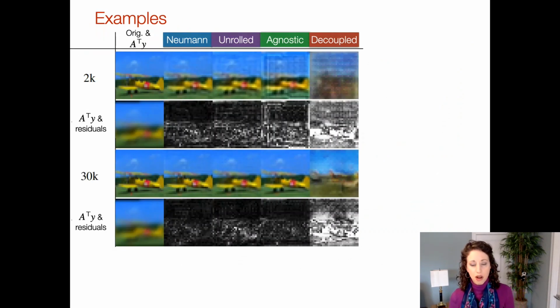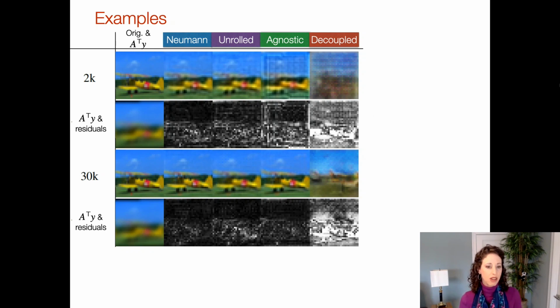So first I'll just show you a little anecdotal example. In the top row here I've got the original, the result of the Neumann network, unrolled optimization, the method that does not use the forward model A, and this decoupled approach. And right below that, you can see what was input to the network, the blurry image that was input to the network, and then a series of residuals for these different estimators.